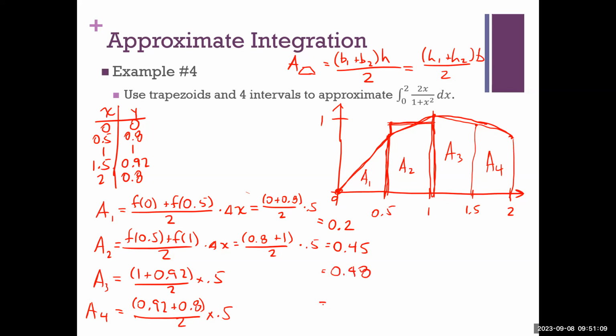Okay, maybe I should trust myself. 1.72 divided by 2 is 0.86. Somebody please check that last one. Okay, cool. All right.